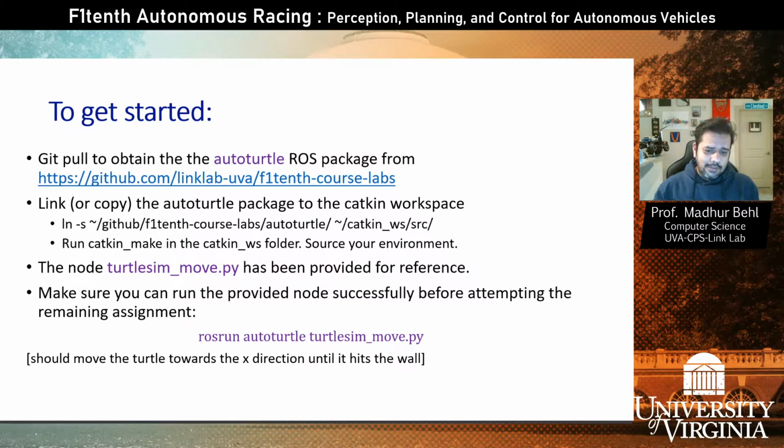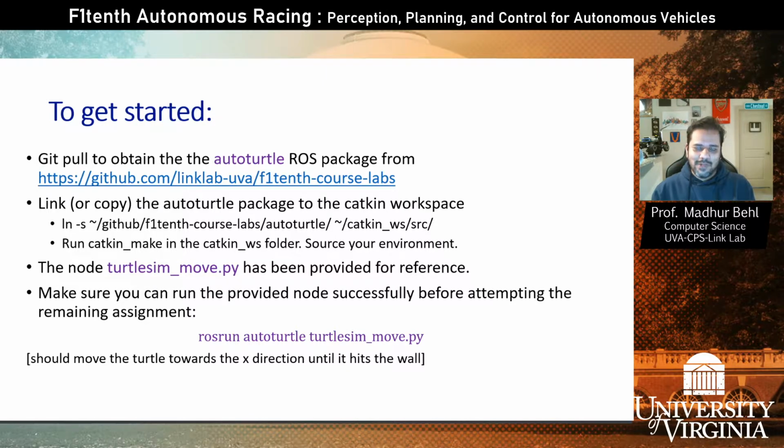The template code is called turtlesim_move.py, and a very good way to check that you have successfully taken this new code in AutoTurtle and are ready to start attempting the assignment is to launch roscore, launch a Turtlesim node, and then run this node.